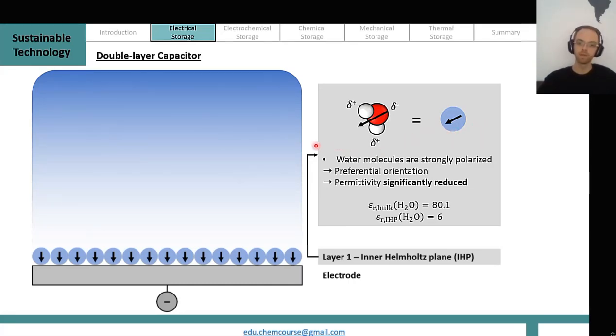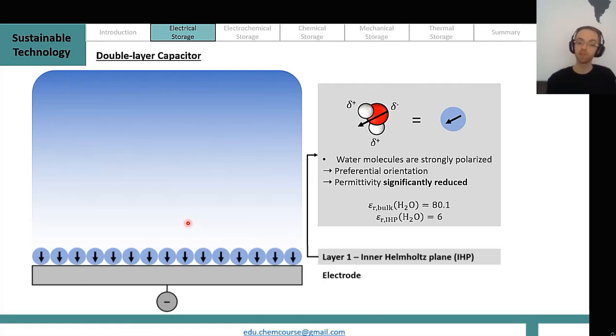And the water molecules can now be polarized because your electrode creates an electric field, and water has a high permittivity, so it will orient opposite to this field to counteract this field. And this leads to the fact that you will always observe a preferential orientation of the solvent, especially when it's close to the electrode.